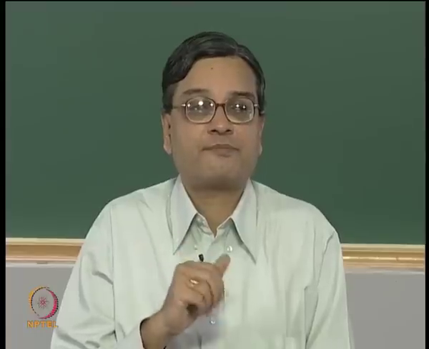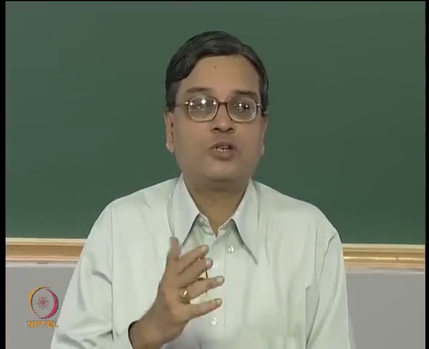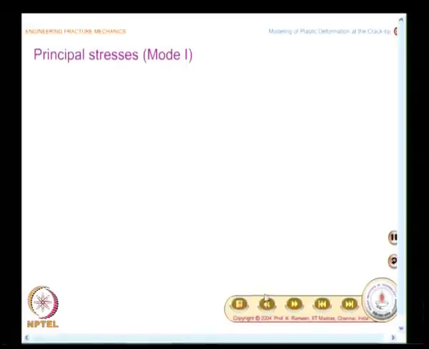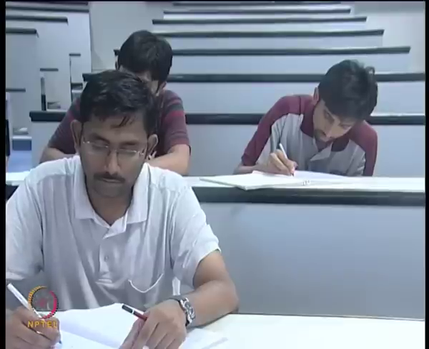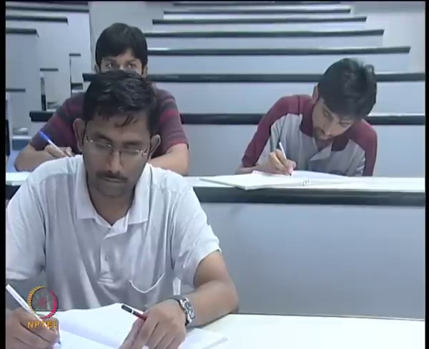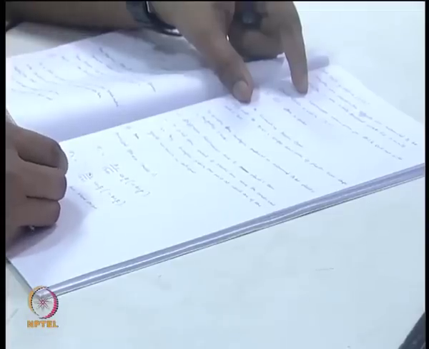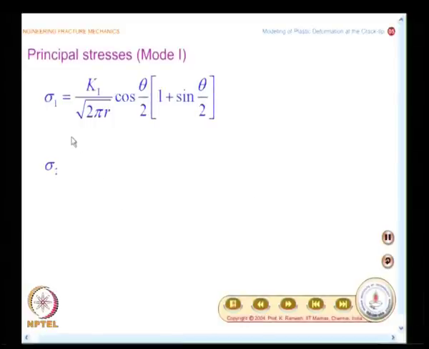I would like you to work it out and then calculate the expression for principal stresses near the crack tip for the mode 1 situation. You have the expressions for the stress field, and it is easy to calculate the principal stresses. So, we will now look at the expression for the principal stresses.